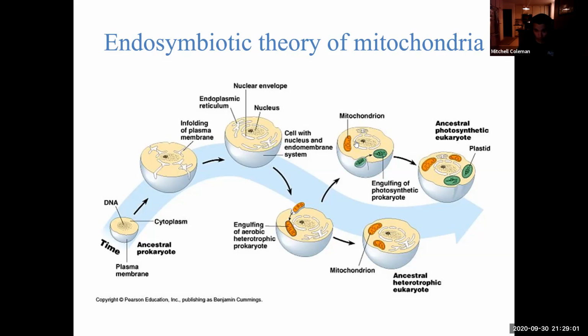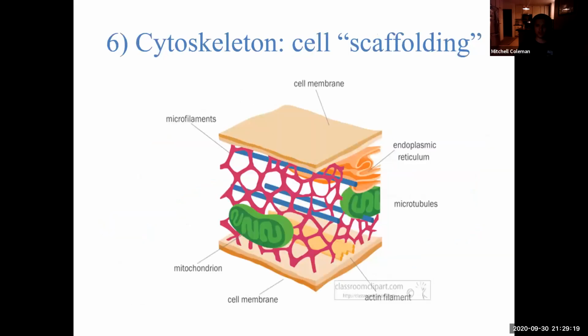But at one point in time, it's posited under the endosymbiotic theory that they existed as independent cells, which is pretty fascinating if you think about it. This gets into the tier of evolutionary biology, but I thought I'd mention it because it's pretty interesting and relevant. Okay, so moving on with our exploration of the different organelles in eukaryotic cells.